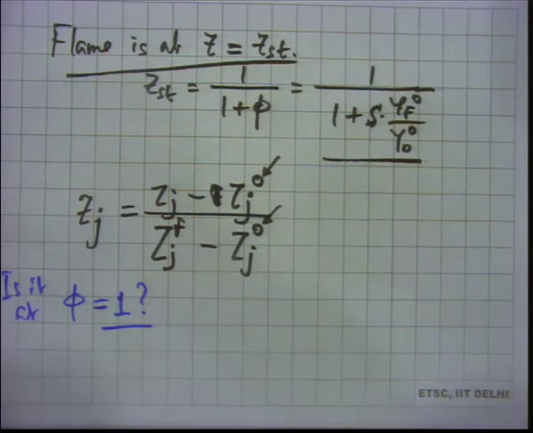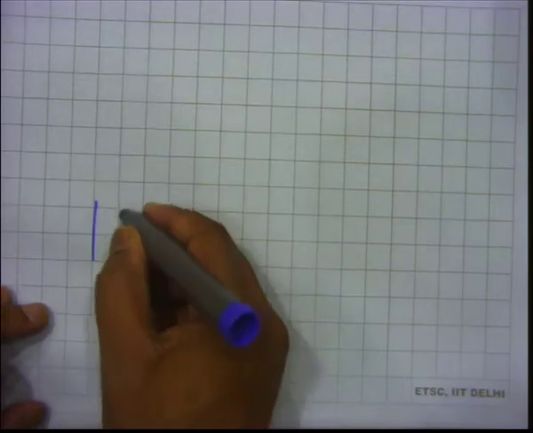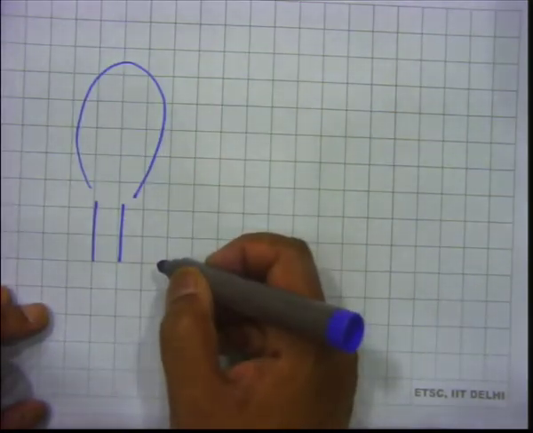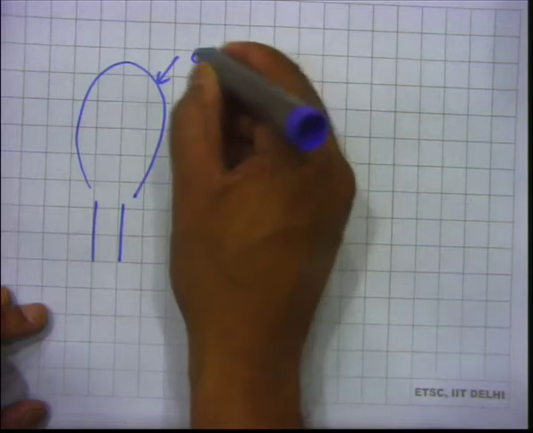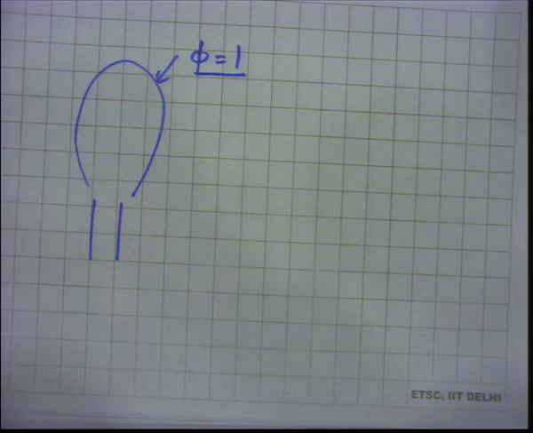I understand why you asked that question, because I had told you some time back, and I had shown you this flame from Turns's book, and I told you that this is at phi equal to 1. Actually, there is a little bit of a problem with the notation.